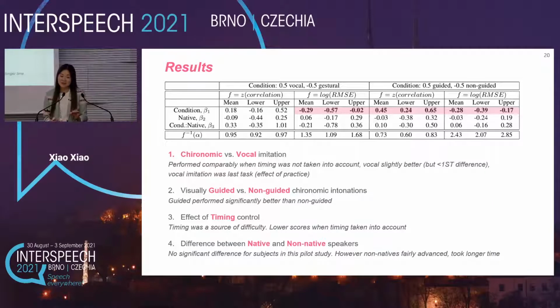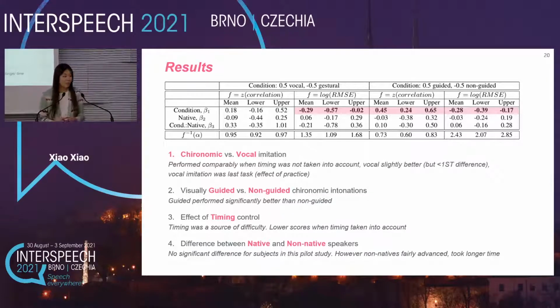Vocal did show a slightly better imitation, but only in RMSE and not in correlation. It's actually a very small difference, because if we look at the intercepts reverse transformed back into the original numbers, we see that the average difference is just around 1 semitone, which is quite negligible. So even though vocal did slightly better, it's only very slightly. Also, vocal imitation was the last task, so there could also have been a practice effect.